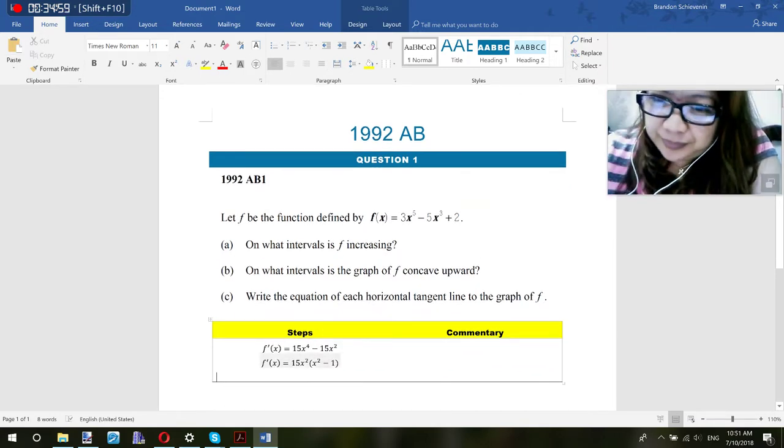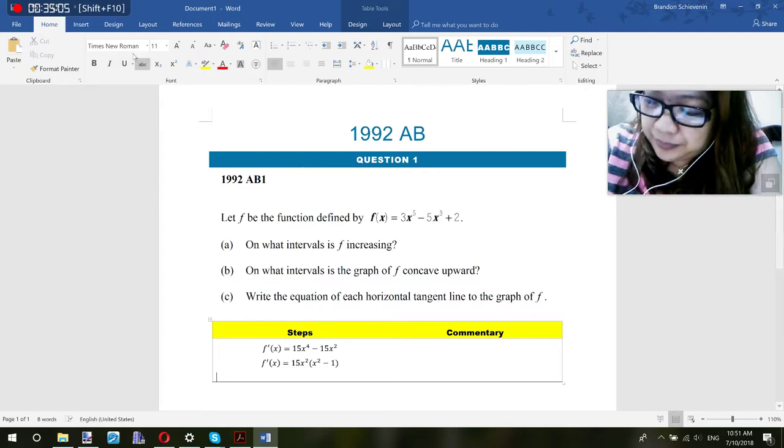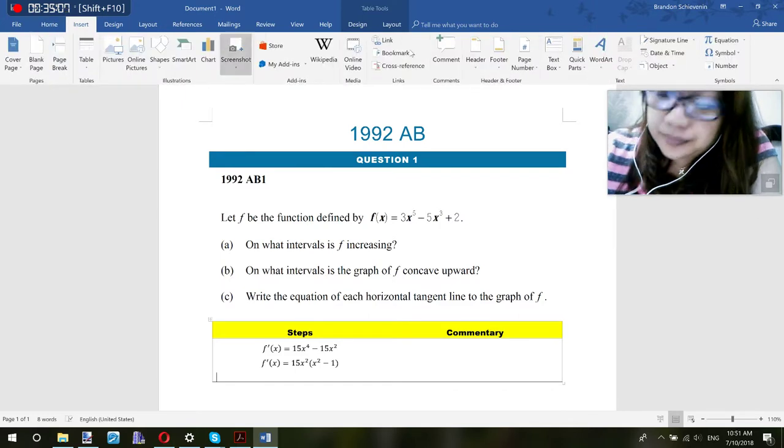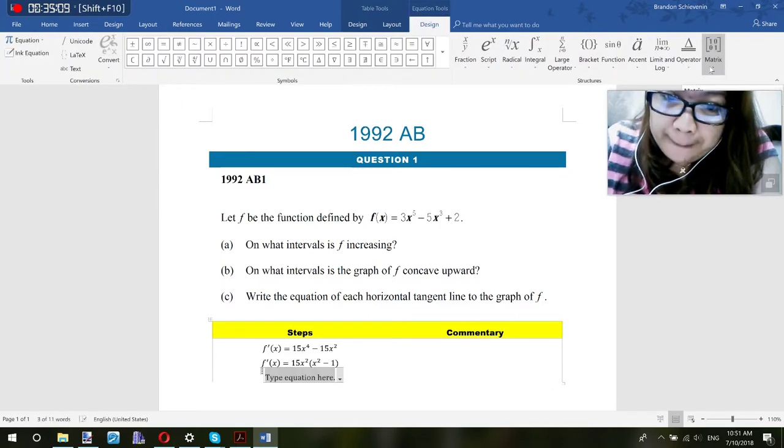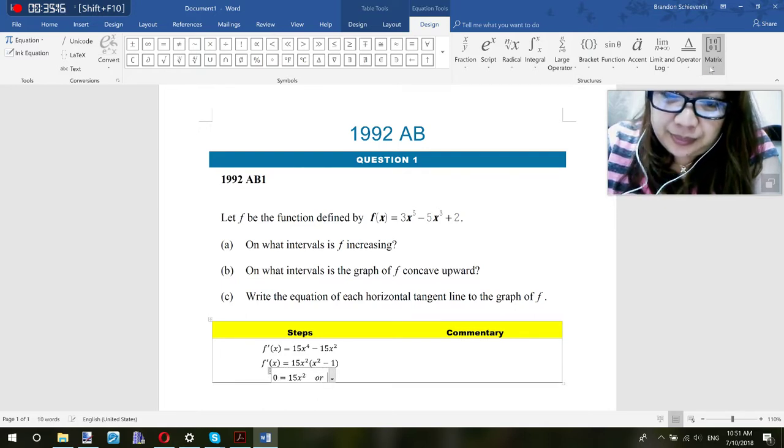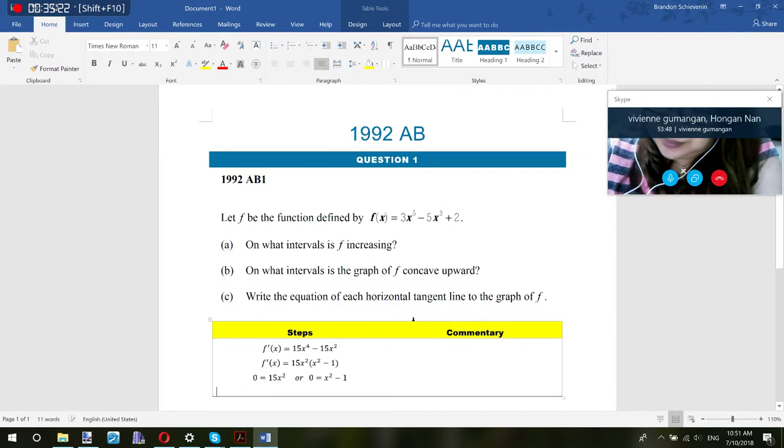So we factored out 15x squared, so that's 15x squared times x squared minus 1. And then you set this equal to 0 and solve for x. So if I've got 0 is equal to 15x squared, or 0 is equal to x squared minus 1, what could x equal?